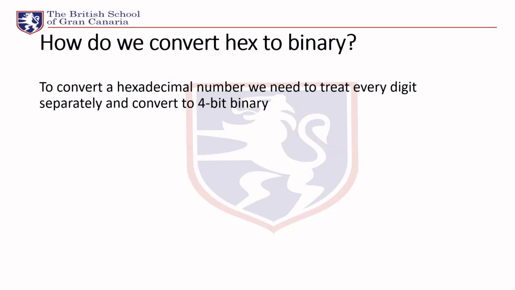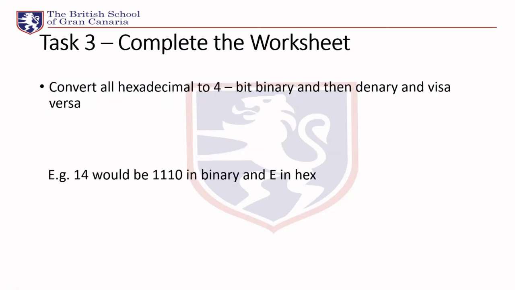So how do we convert hex to binary? To convert a hexadecimal number, we need to treat every digit separately and convert it to a 4-bit binary. For example, we know F is 15. So 15 in binary is simply 1111, and that's it.